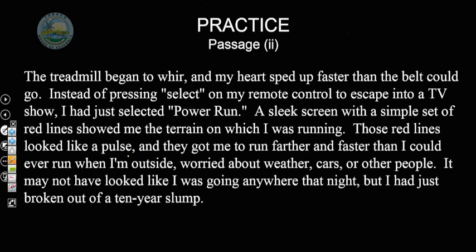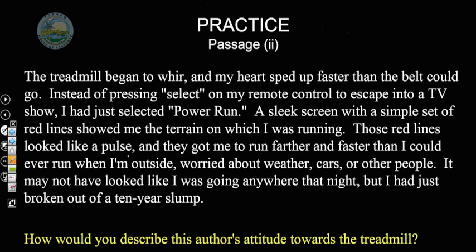Again, we talk about writer's tone, and there are certain details that help us to identify how the writer in this extract feels about the treadmill. If we're going to look at how we would describe the writer's attitude, what we can do is look for information within the text.